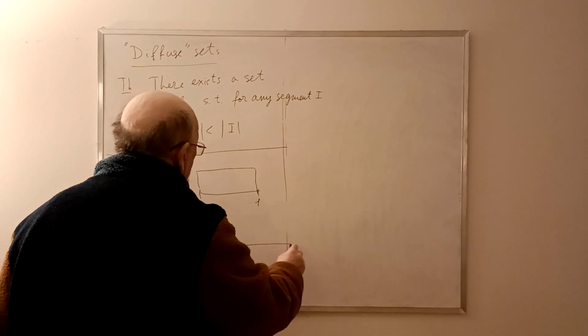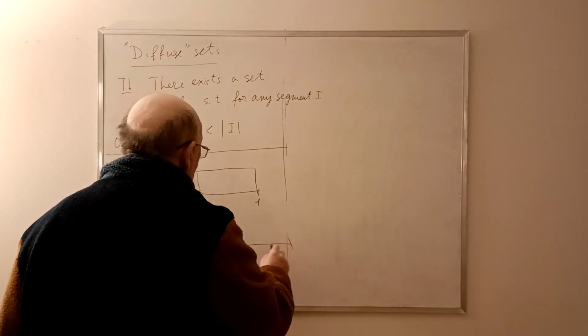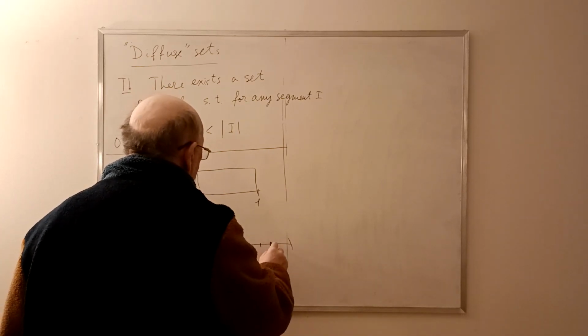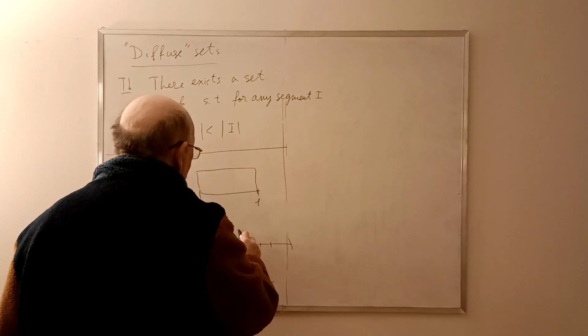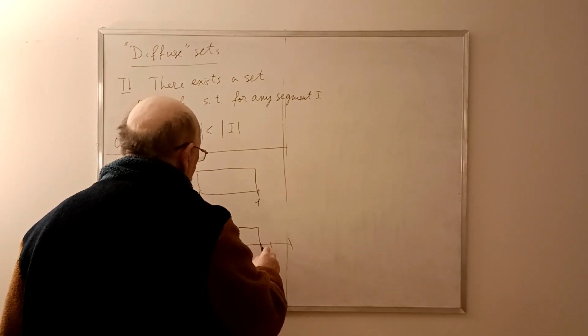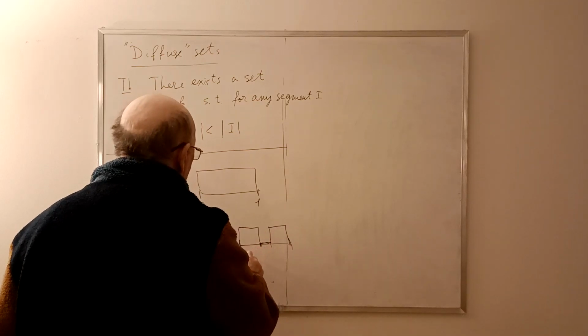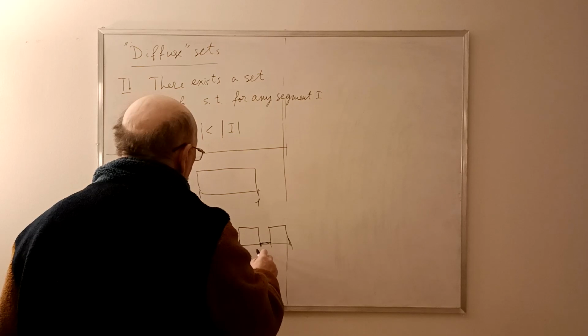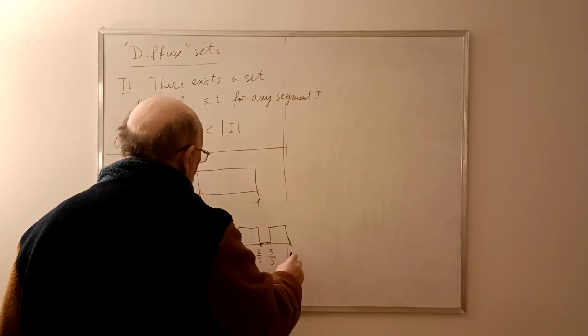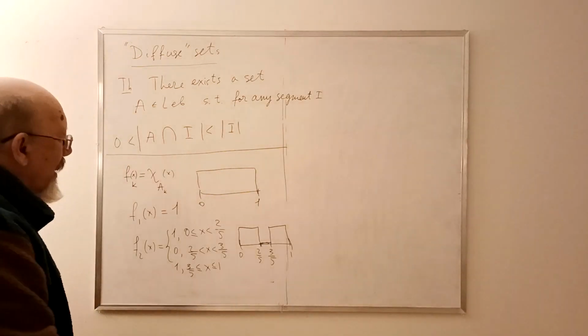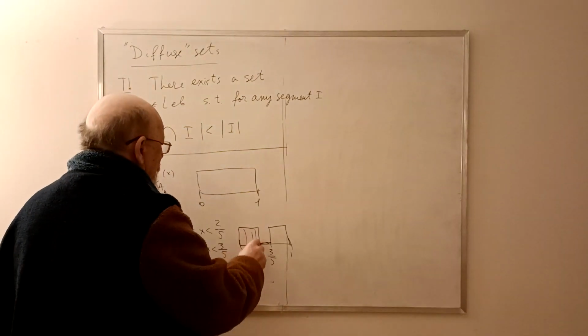So it looks like this: here is 1, here it is 0, and here it is again 1, with the points 0, 2/5, 3/5, 1. This is the characteristic function.